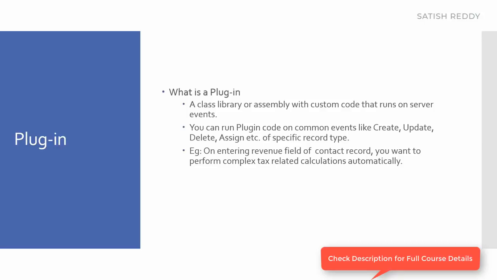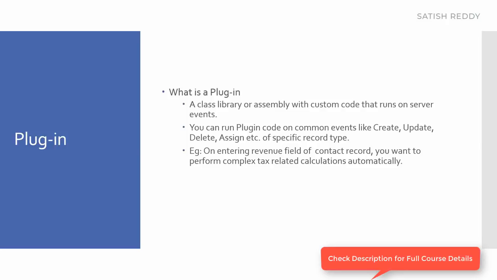You can write your custom code as a plugin, and then upload that custom code to the Microsoft cloud, and you can register it on specific events. We'll discuss more about events later, but first we need to understand what a plugin is.